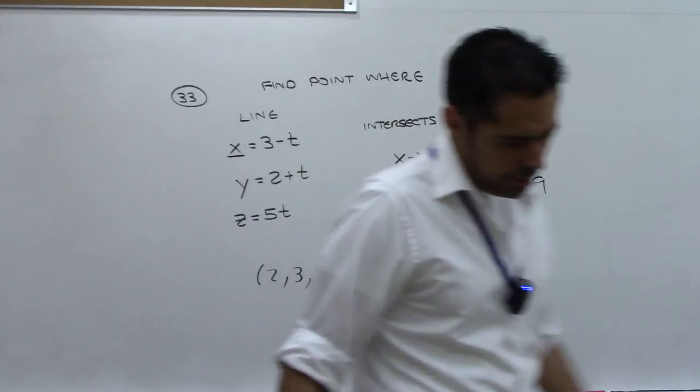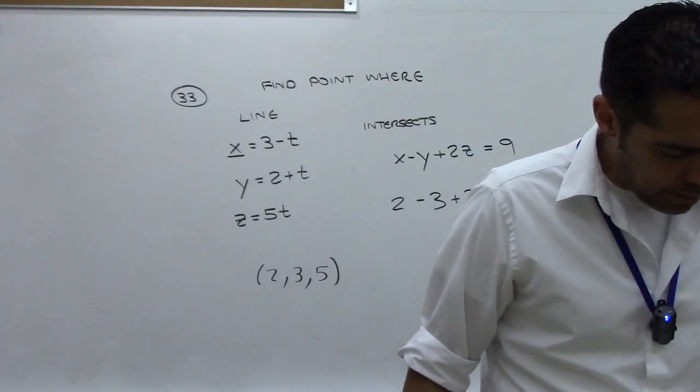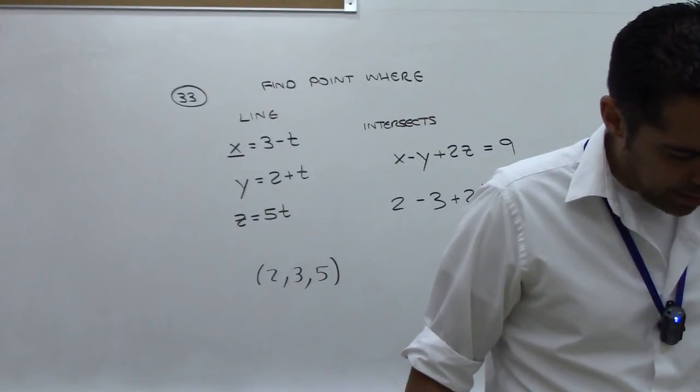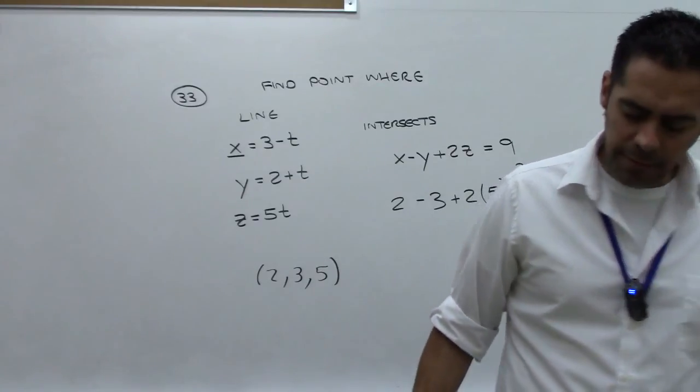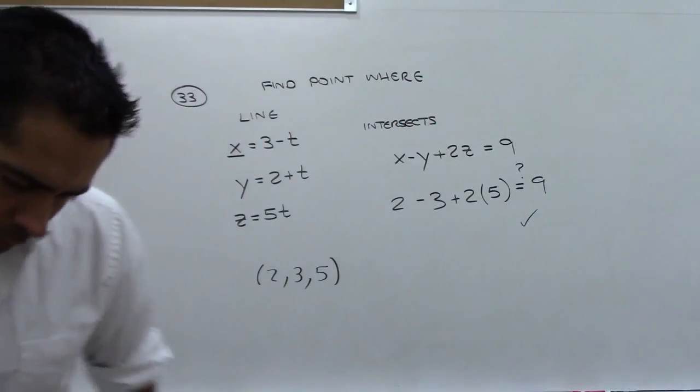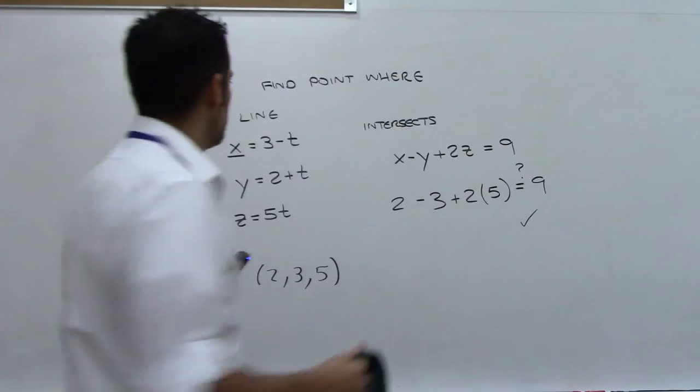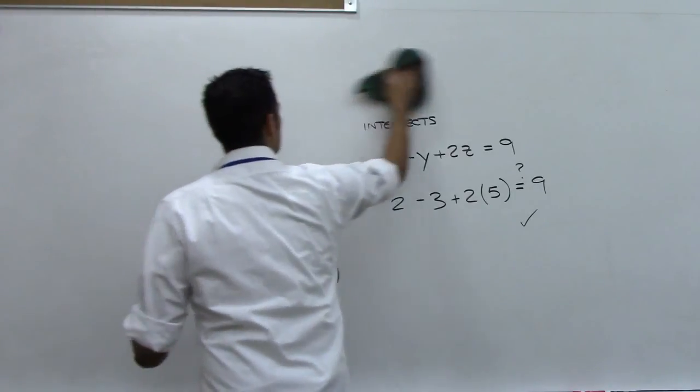35. Determine whether the planes are parallel, perpendicular, or neither. If neither, find the angle between them. All right, so I'm going to do number 35.